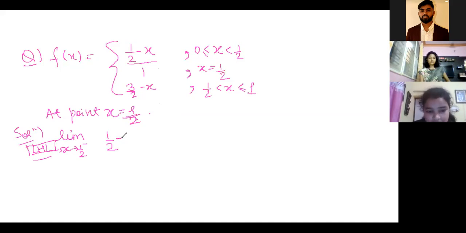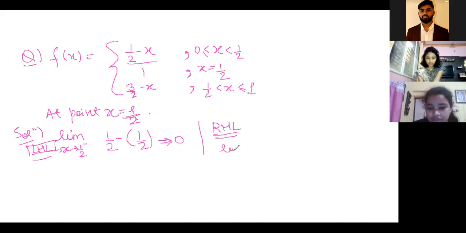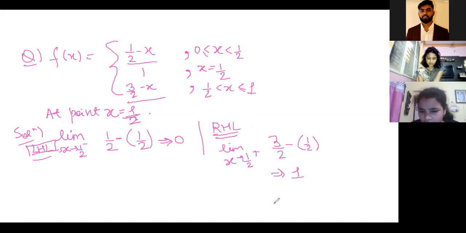So we'll substitute x by half, and what is the value that we get here? 0. If we have to find RHL, which means limit x tending to half plus, here the value of x is greater than half, so we'll substitute x again by half and we'll get the value 1. 3 by 2 minus half is 1.